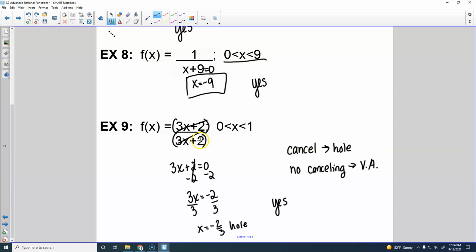So you're just going to set whatever you have on the bottom equal to 0. And so you'll have to subtract that 2, which is where you get that negative from. And then you're going to divide by the 3, which gives you that -2/3 there. And -2/3 does not fall between 0 and 1. If we had +2/3, it would, and we'd say no for this. Okay, questions?